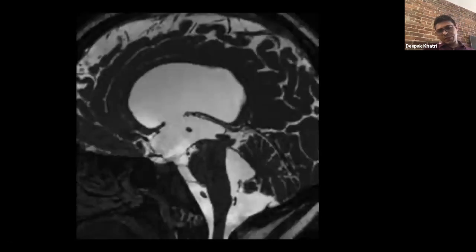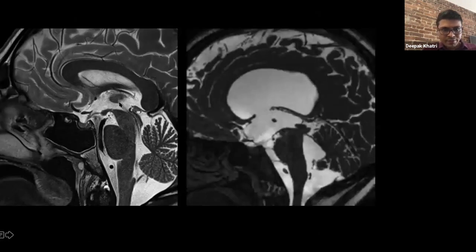This is a mid-sagittal section of the brain, and you can see the lateral ventricle is enlarged as compared to the normal image on your left.